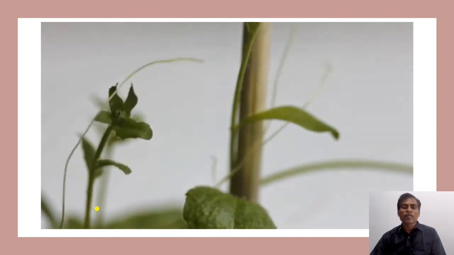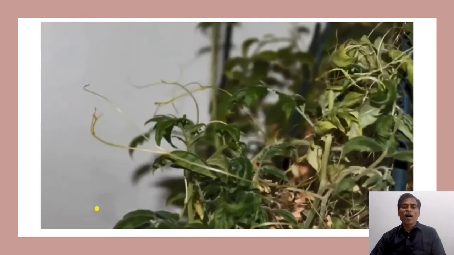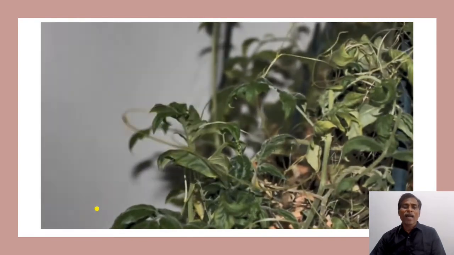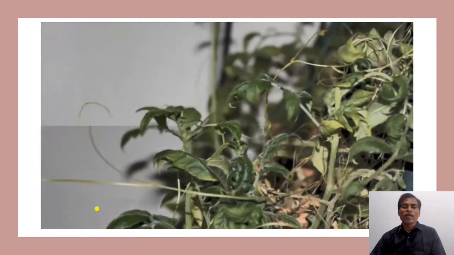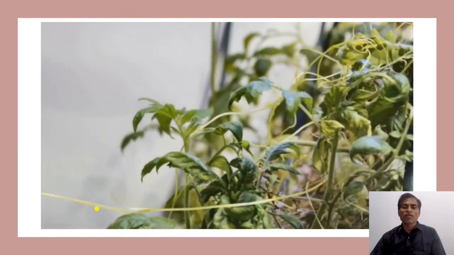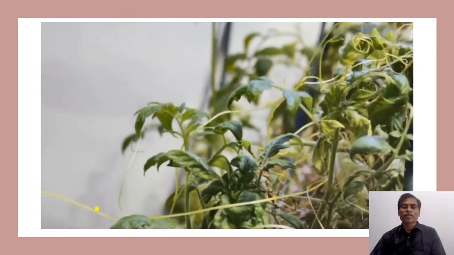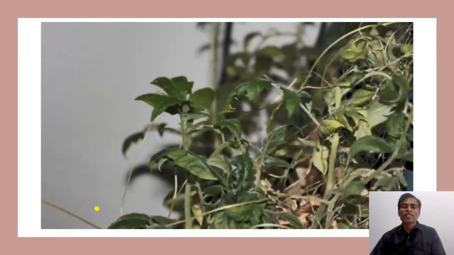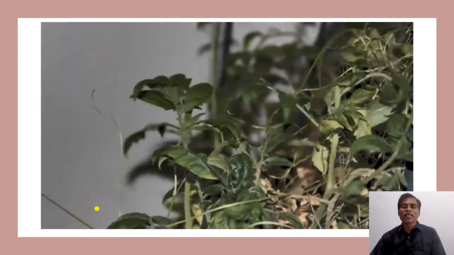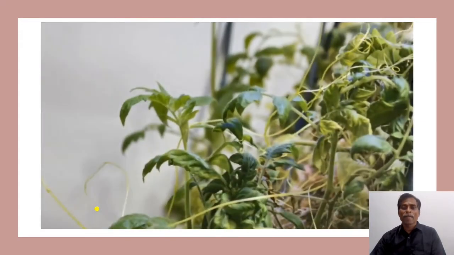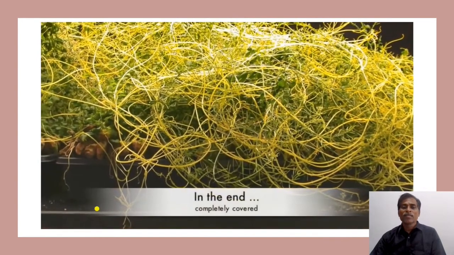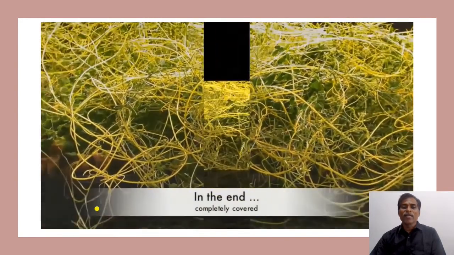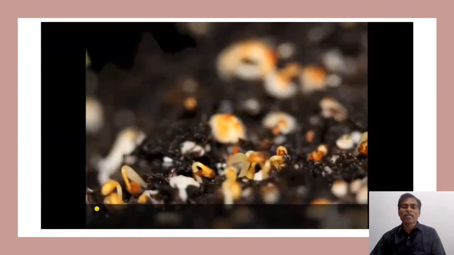Finally, the parasitic plant occupies all the branches of the host plant, which resembles a web-like structure. Here you see the image of the web-like structure.